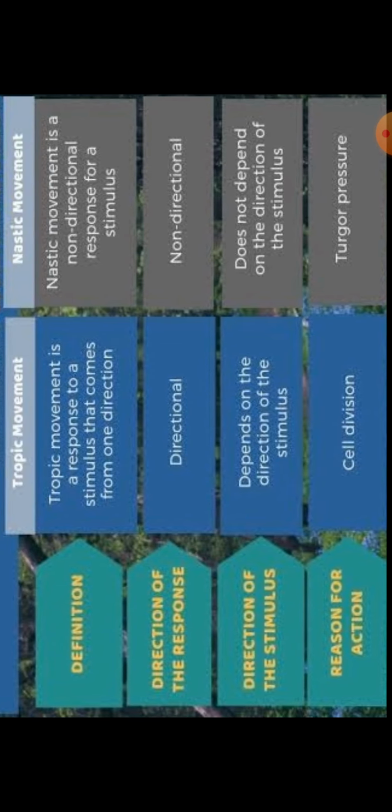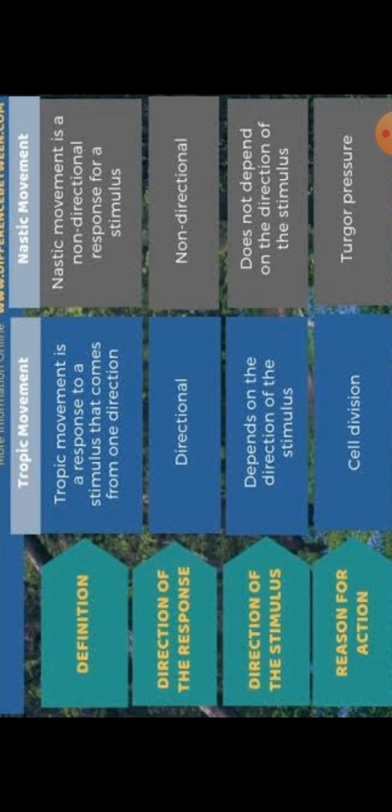Now the reason for action. Why do such movements occur? Trophic movements occur due to cell division. Cell divide करता है, that means growth होती है. As you have seen in the case of phototropism, why bending of the stem occurs, why coiling of tendrils occurs. Here cell enlargement and cell division occur, which results in the movement.